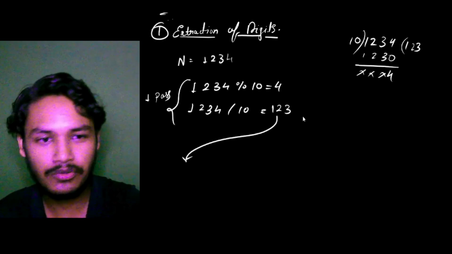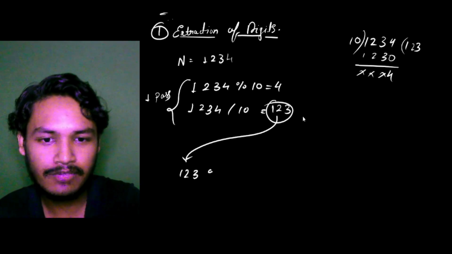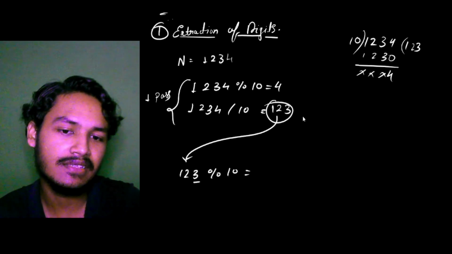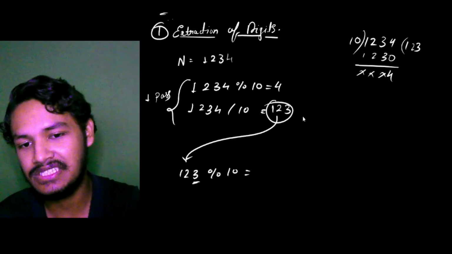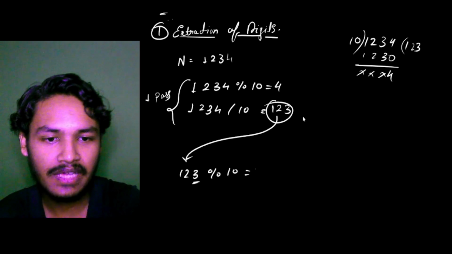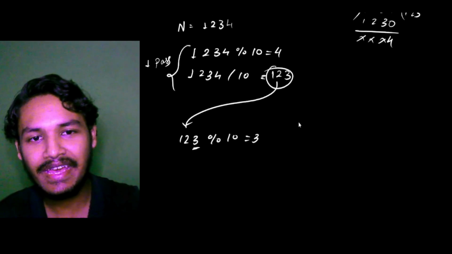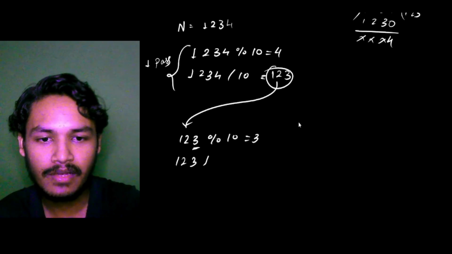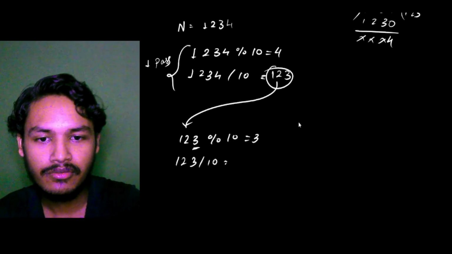So we have this answer, and again we can take modulus by 10 and we will get the last digit. The answer will be 3, and again we can divide this number by 10. We will get 12.